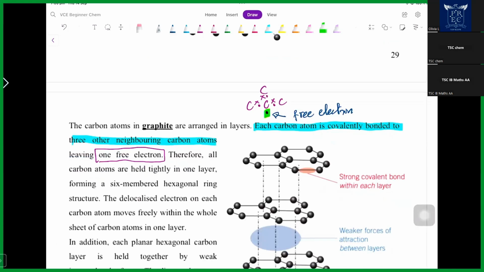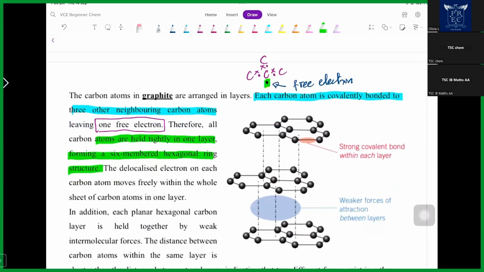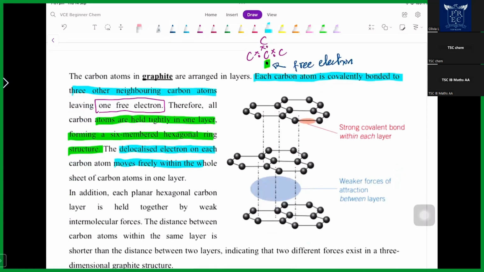These points are important. All carbon atoms are held tightly in one layer, forming a 6-member hexagonal ring structure. And this free electron is called a delocalized electron. The electron on each carbon atom moves freely within the whole structure. We have layers here, and between the layers is a weak force of attraction, so the layers can slide over each other very easily.